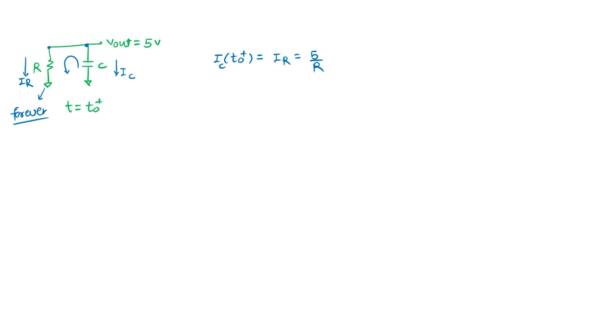If I say IC at 0 positive, it is nothing but minus IR, minus 5 by R. That is the thing that I want to make here.